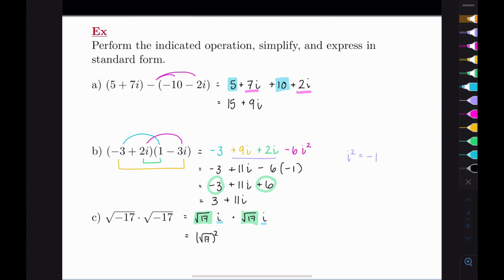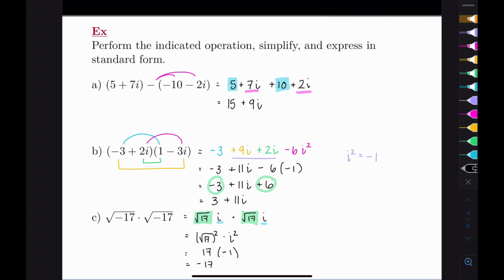And then i times i turns into i squared. When we take the square root of 17 and square it, it cancels, and again, i squared is -1. So this is the same thing as 17 times -1, or -17.